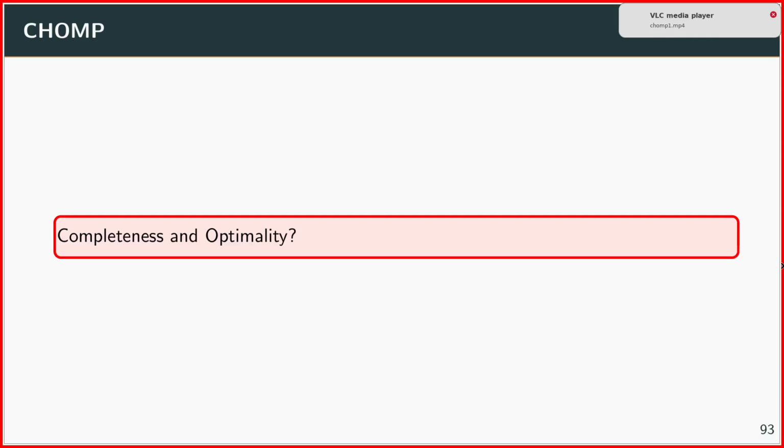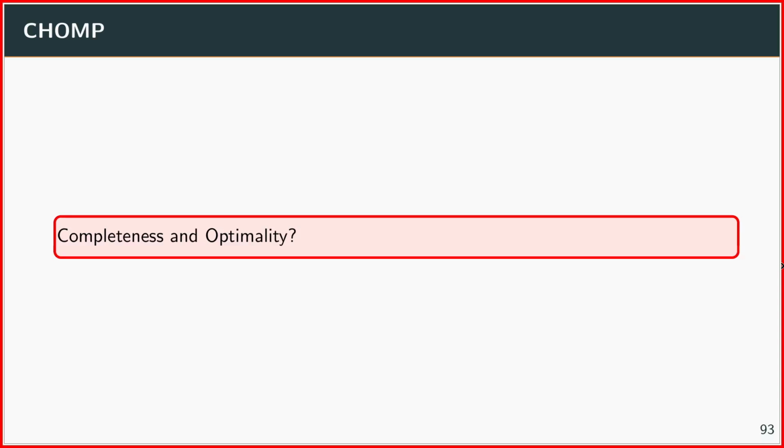Yes. I think in general it's neither, right? Because it will only find the local optimum, and so by this definition we definitely can rule out optimality if there's some global optimum that we'll never find, and if we are unlucky and our local optimum is also not a valid path, but there exists a global optimum which is valid, then that wouldn't be complete.